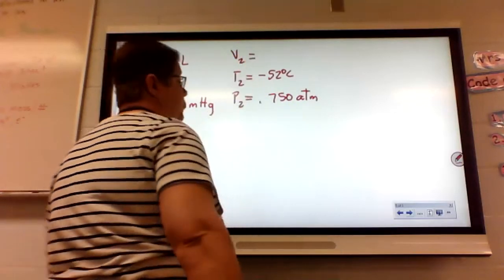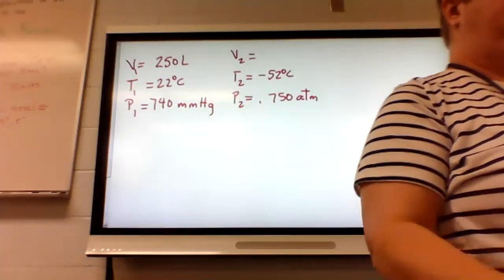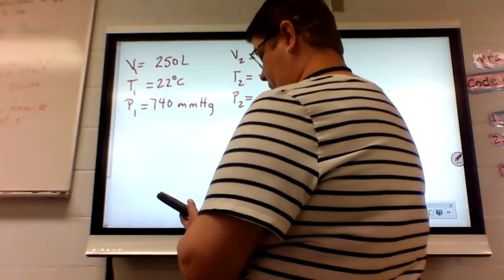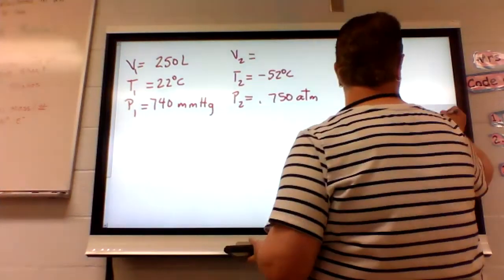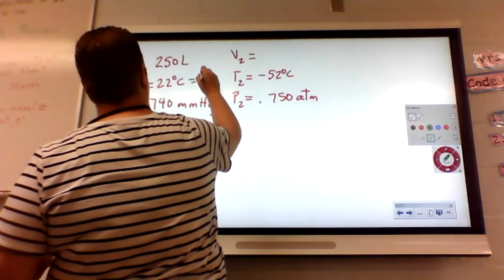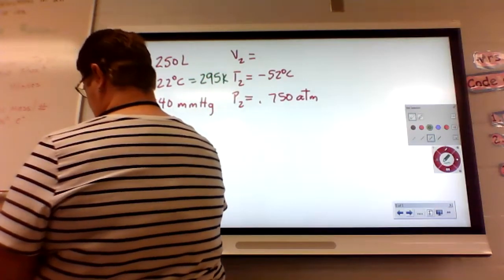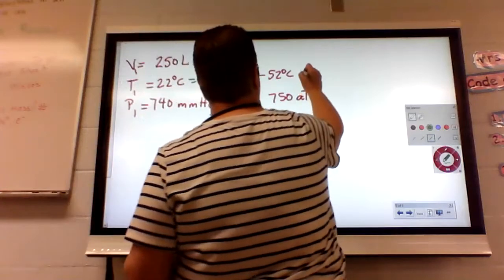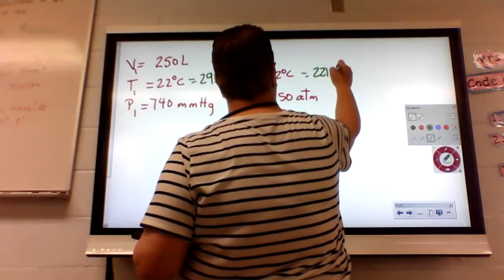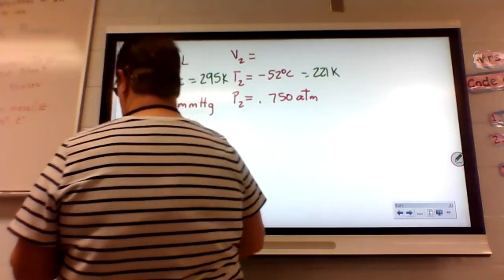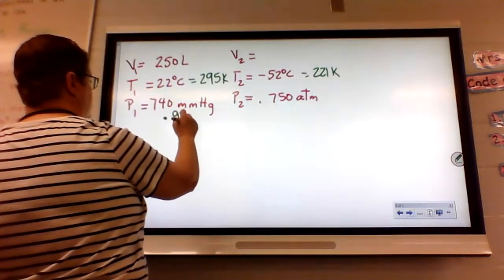So again, what's the problem in this question? My units don't match. My temperatures are not in the correct units, so they have to be changed. So this will be 295 K. Negative 52 plus 273 will be 221 kelvins. 740 divided by 760 will be 0.97 ATMs.